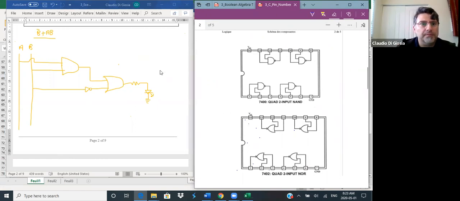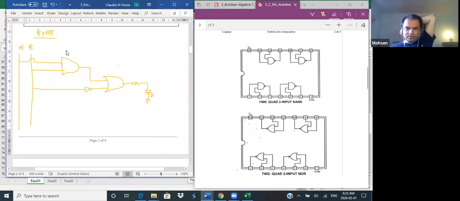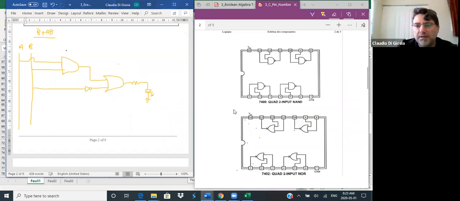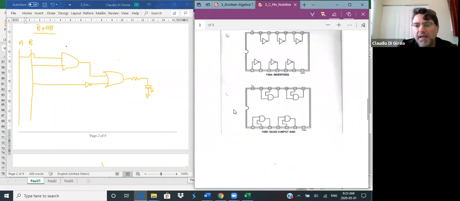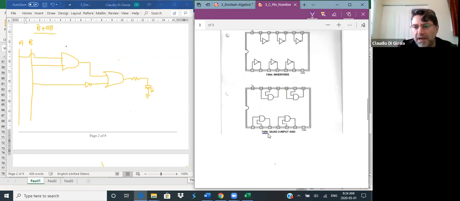So this guy here, Mohsen, can you give us a hand, please? Mohsen, what number is this gate here? What number is this gate here? The AND gate. Yeah. If you find the AND gate, look, the number is this, 08. 08, yeah. So it's a 08. We're going to use the first one here, this guy here, okay?